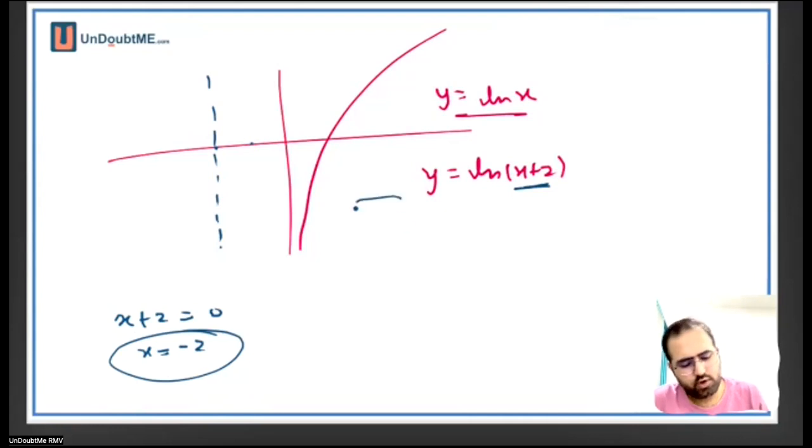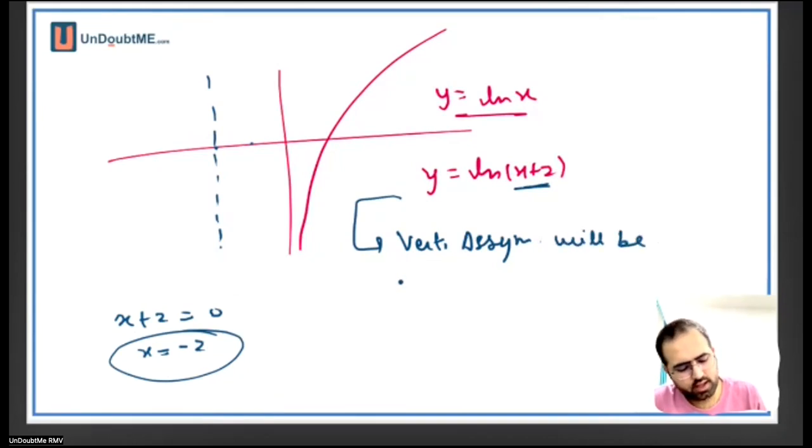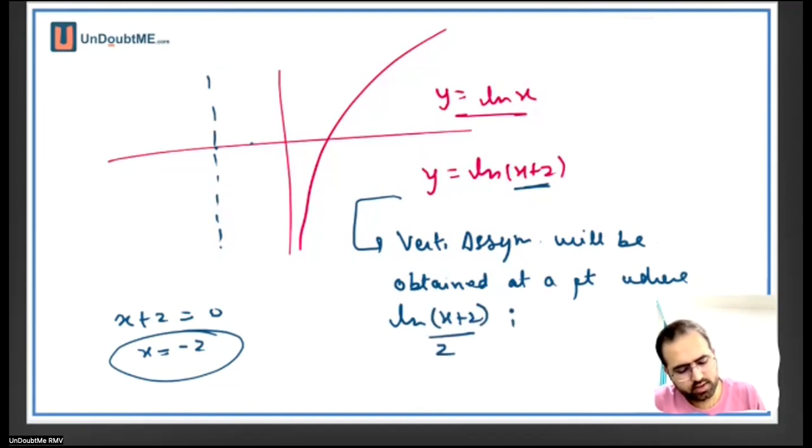For that, you can also write a reason that the vertical asymptote will be obtained at a point where ln of (x plus 2) is not defined.